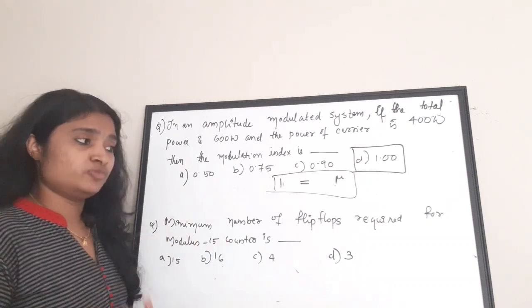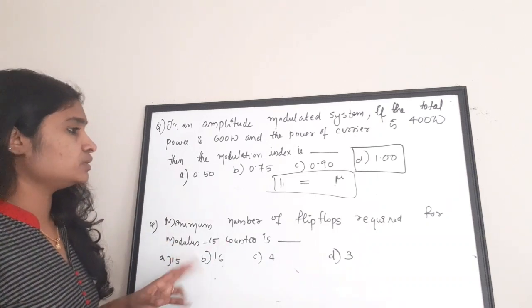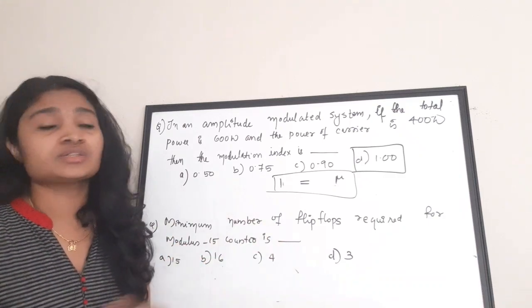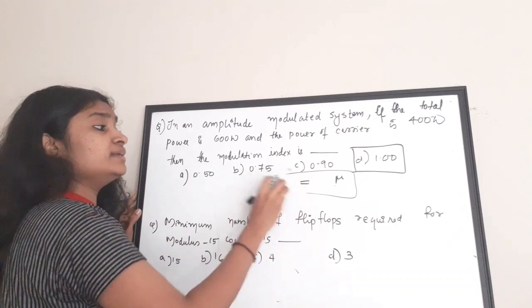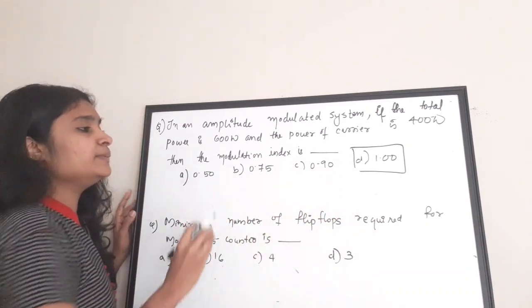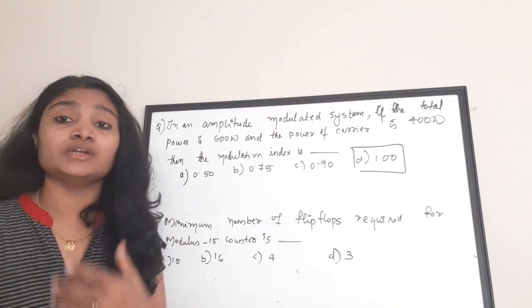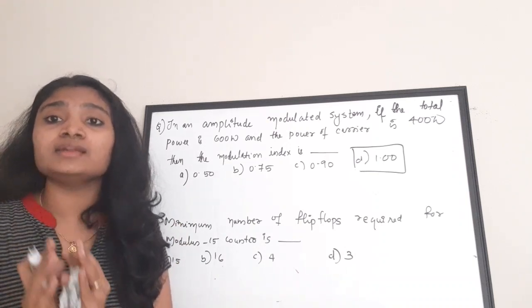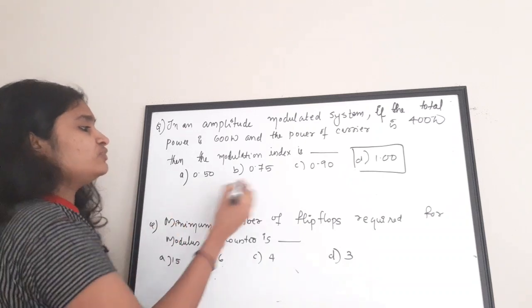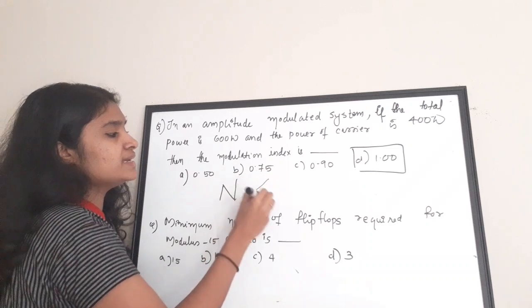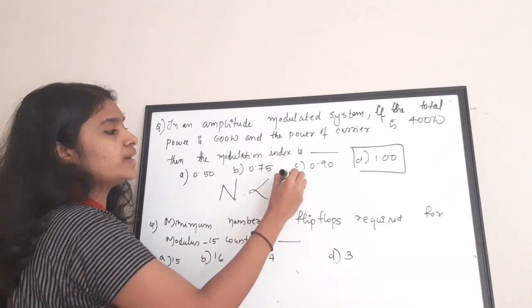Minimum number of flip-flops required for a modulus 15 counter. There can come a lot of questions based on this. They will be giving some modulo values and you need to find the number of flip-flops required. So the general equation is, if it is an N modulo counter, then N should be less than 2 raised to n.